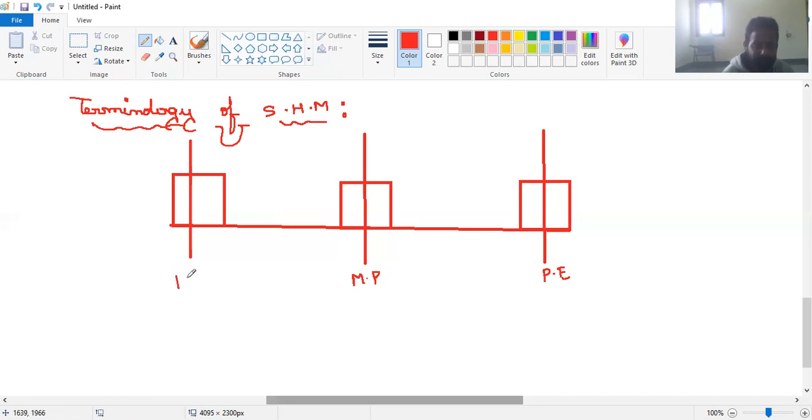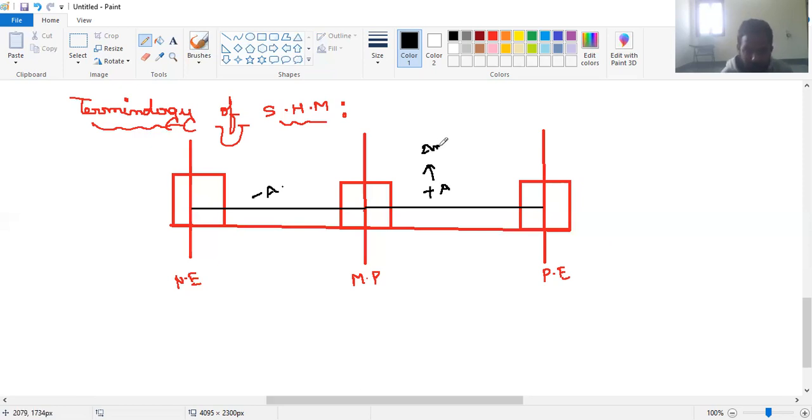Negative extreme means in the left direction. Positive extreme means in the rightward direction. So the distance from the mean position to the positive extreme is nothing but amplitude, plus A, and this is going to be negative A. So amplitude will always be constant.